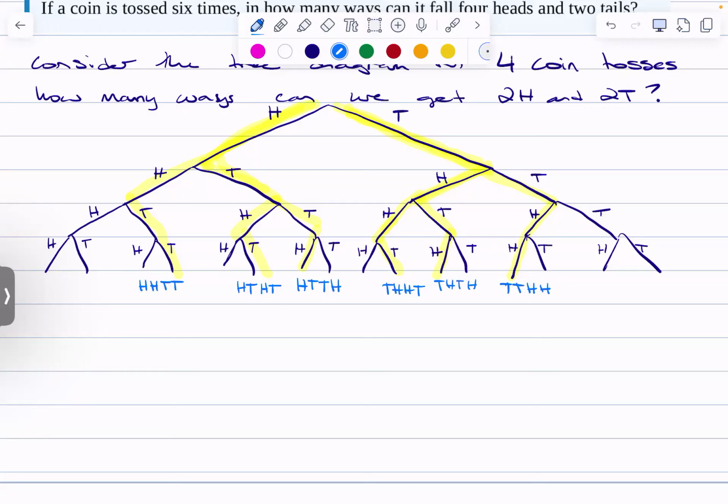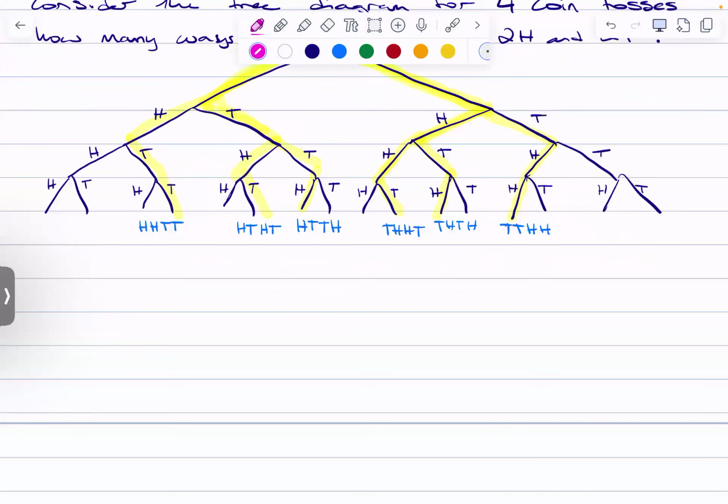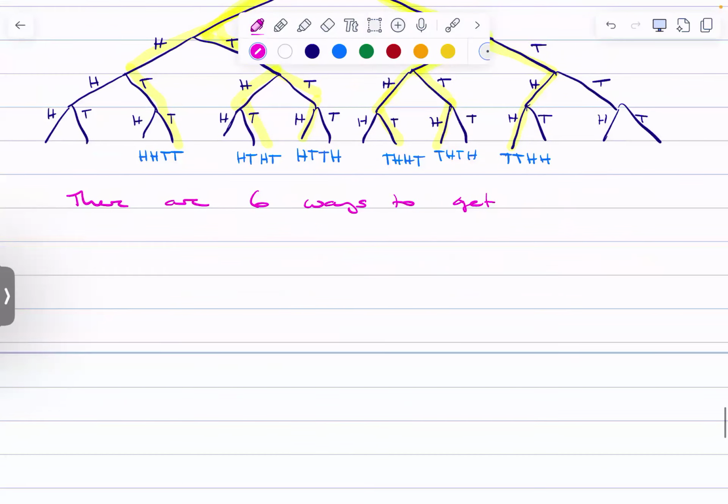But there are 1, 2, 3, 4, 5, 6 different ways. There are 6 ways to get 2 heads and 2 tails in 4 tosses.